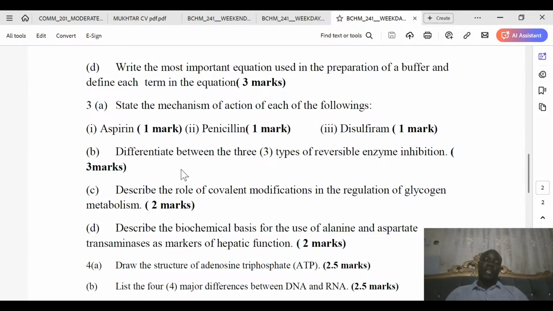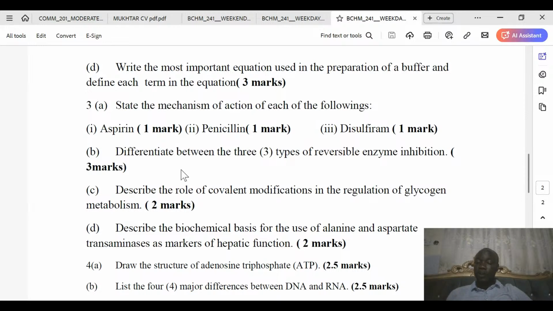So what about penicillin? So please, if you need more explanation on this cyclooxygenase, the cyclooxygenase is an enzyme that causes headache and pain in the body.